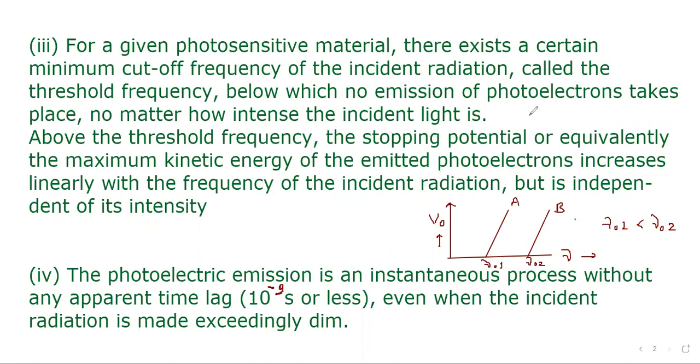We have already studied from Einstein's photoelectric equation that h nu equals h nu 0 plus kinetic energy. So the photoelectric effect will occur only when the incident photon has energy h nu greater than h nu 0, which is the threshold energy of the photosensitive metal.